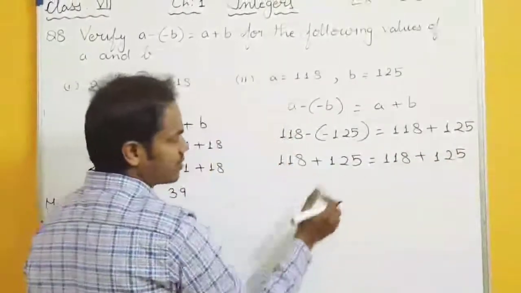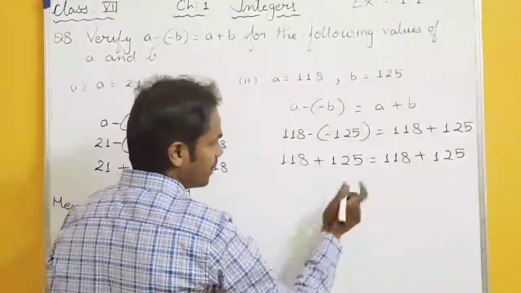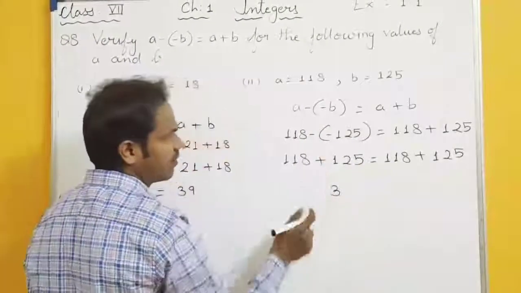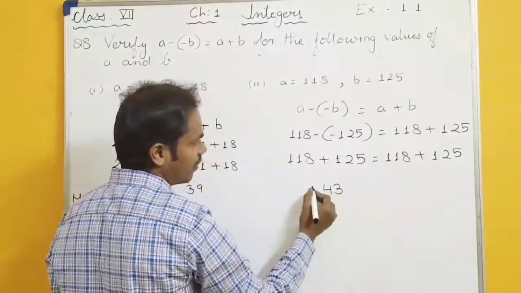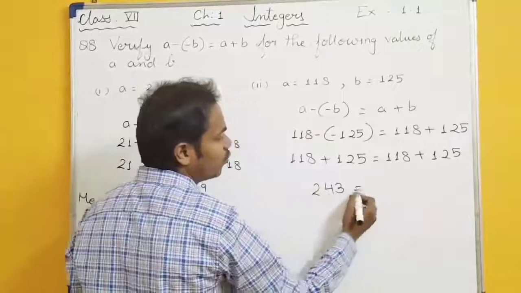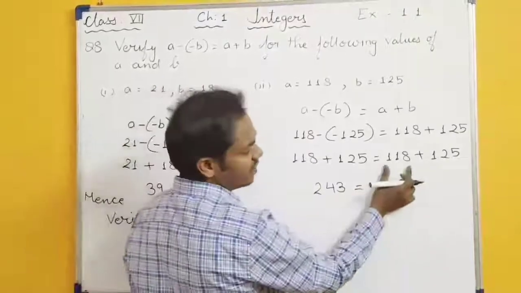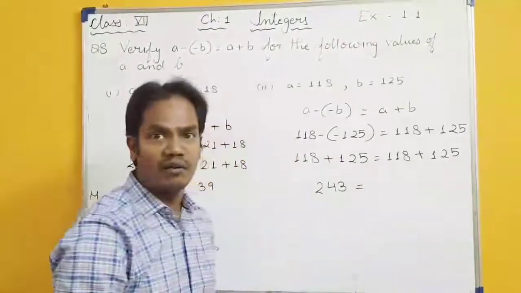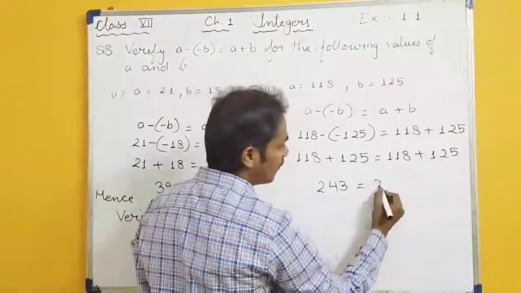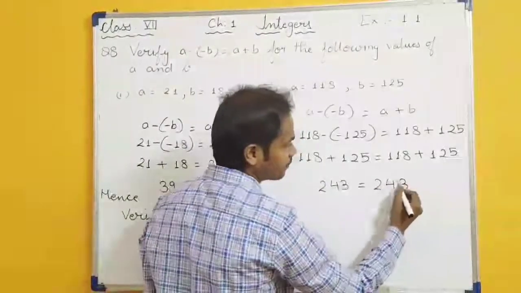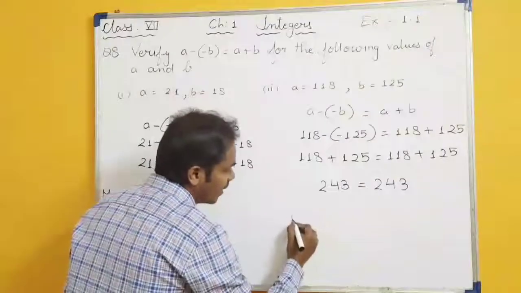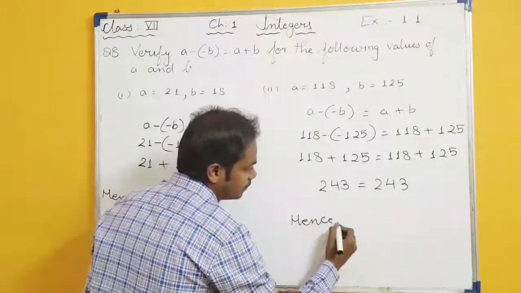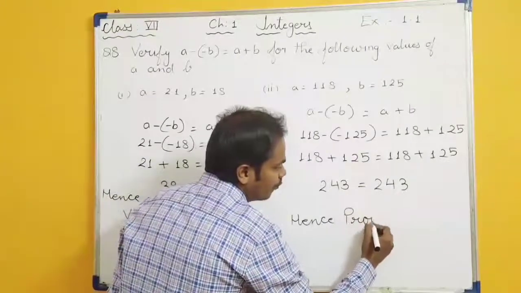Now 118 plus 125 is equal to 8 plus 5 13, carry 1, 2 plus 1 3, 3 plus 1 4, and 1 plus 1 2, 243. And again same value, 118 plus 125 is equal to 243. Okay, finally you will write hence proved.